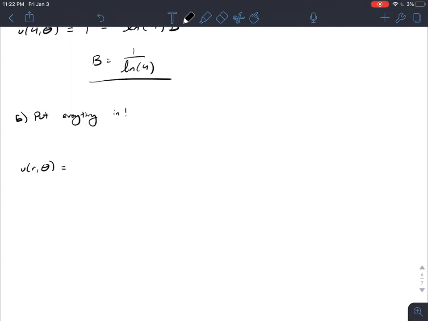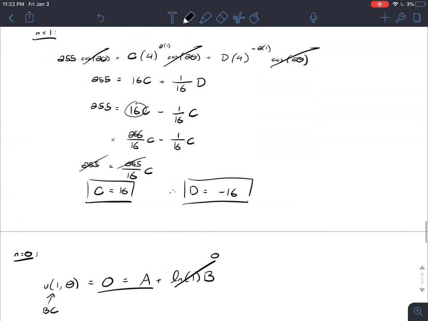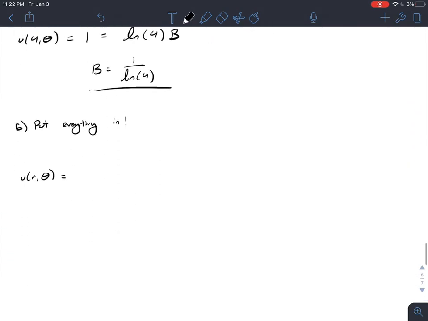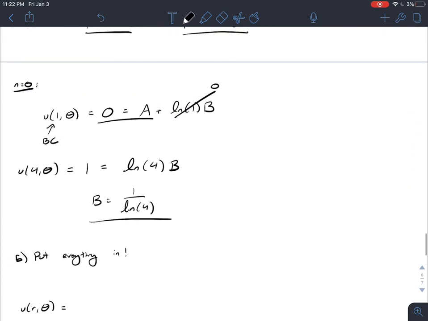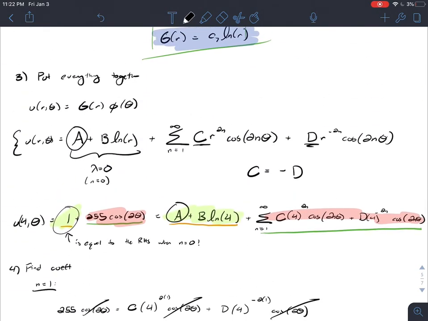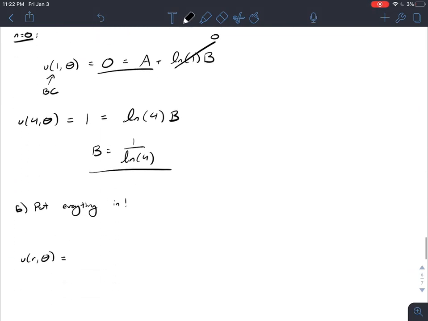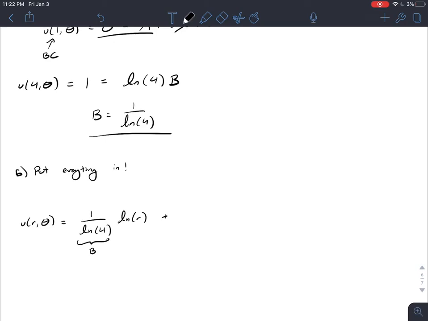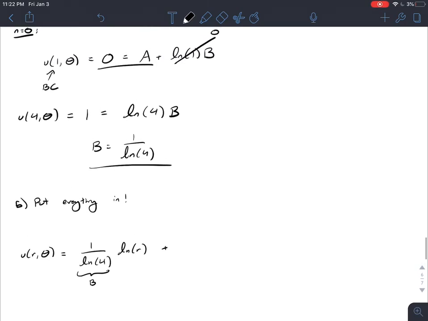So for a general u_r of theta, our final solution to this problem, something you would put on your exam, is going to be equal to 1 over natural log of 4, which is the coefficient b, times the natural log of r from earlier. There's no a term now.